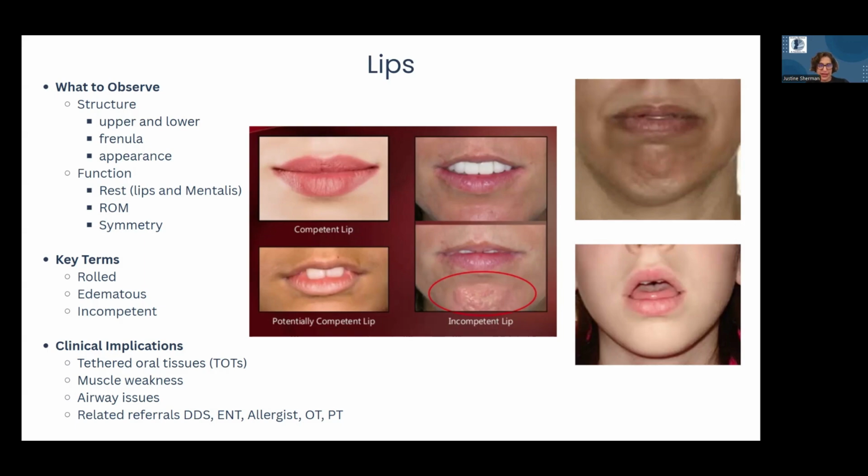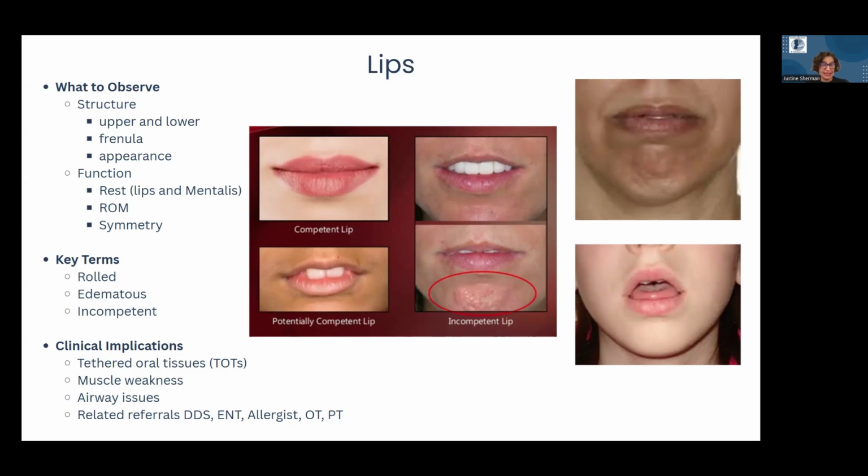I'm also going to assess mobility and control. So again, the pucker, the smile, the alternating between those movements, rounding for an ooh, spreading for an e. I'm watching rapid or alternating lip movements. I'm observing symmetry, range of motion, speed, fluidity, grading, and I'm watching for signs that the frenula is restricting movement, like blanching or visible pulling or discomfort.